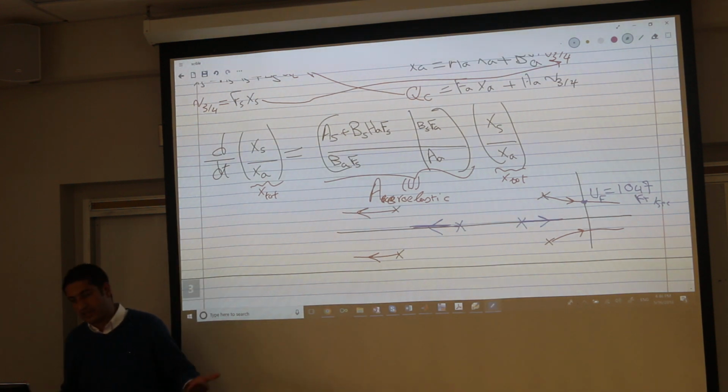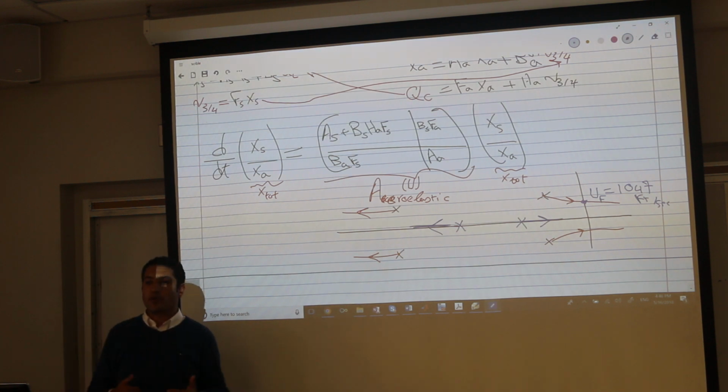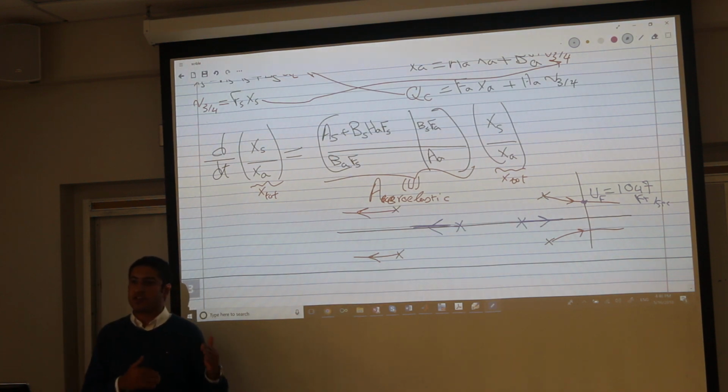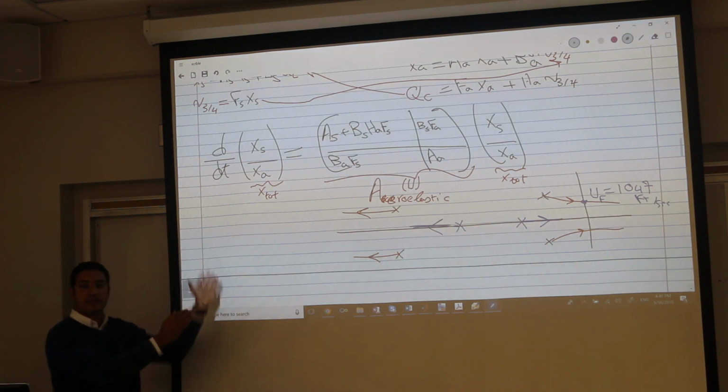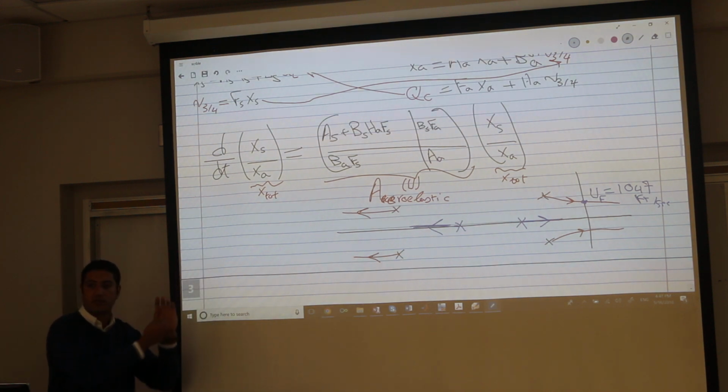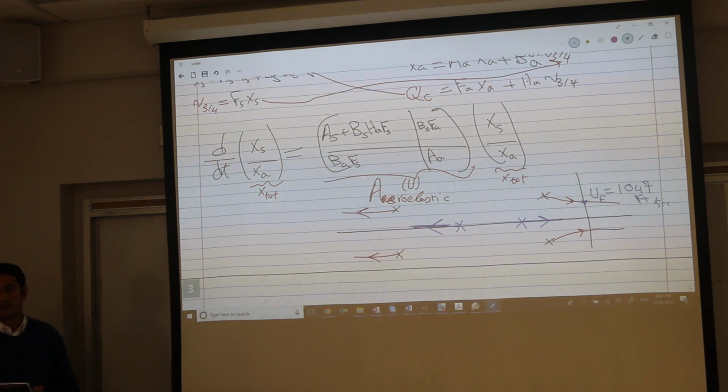You cannot sacrifice that. And if your flutter is below the mission requirement, you cannot fly. So you will do whatever it takes. Like what I said in the 60s, they used to add lead. This is the worst thing to do in an airplane, right? They add lead to the leading edge to shift the CG forward to prevent flutter. This is the best solution that they had at the time, which is not efficient.